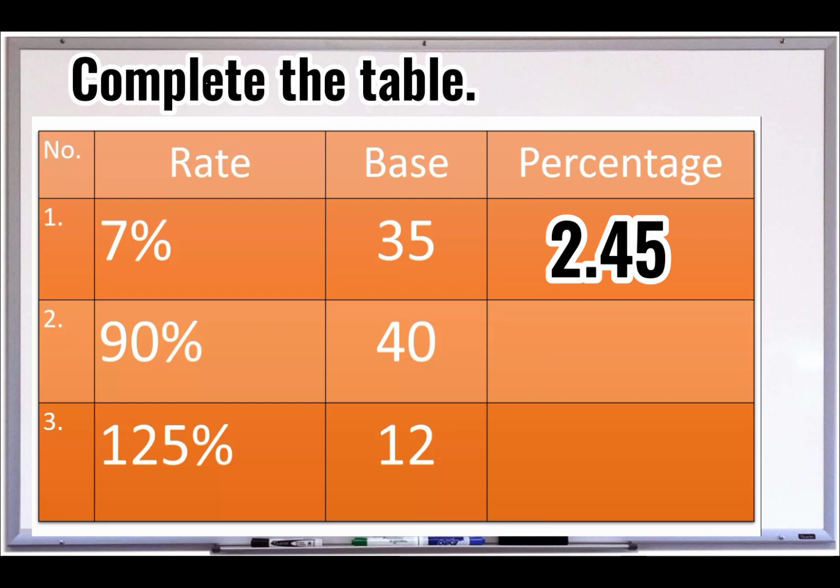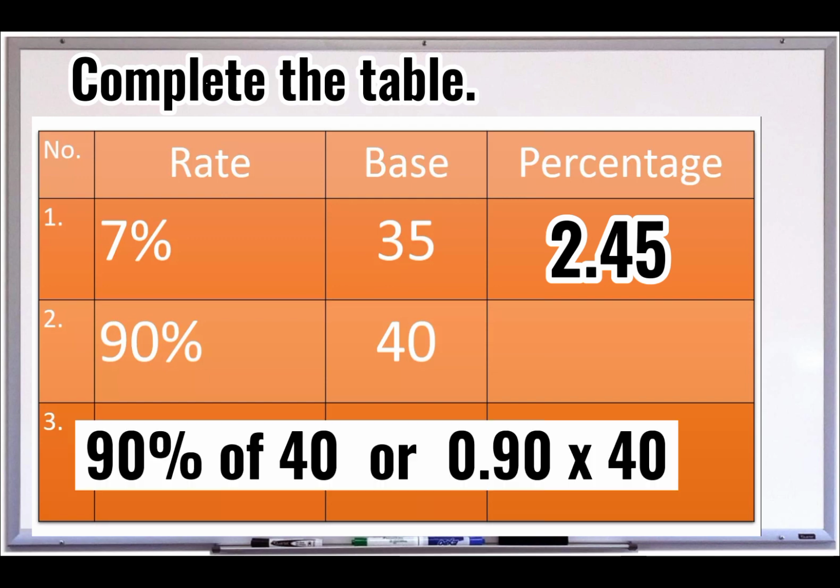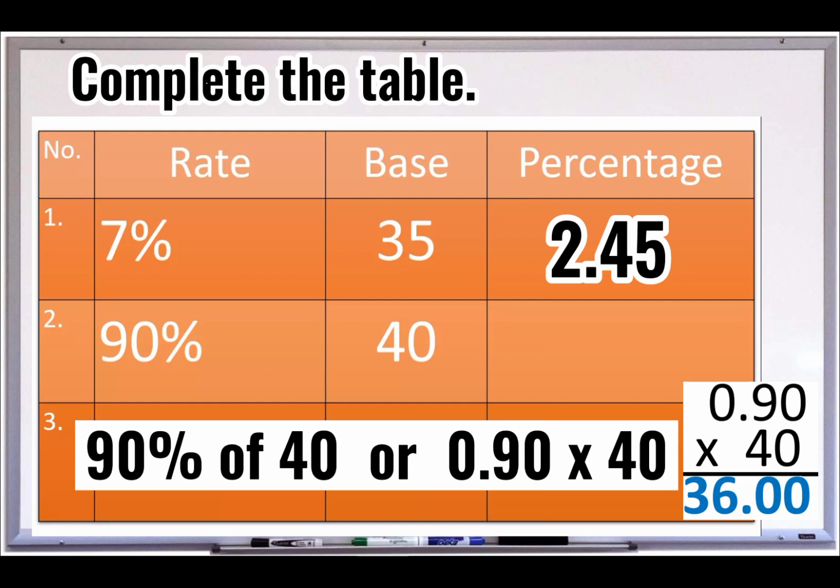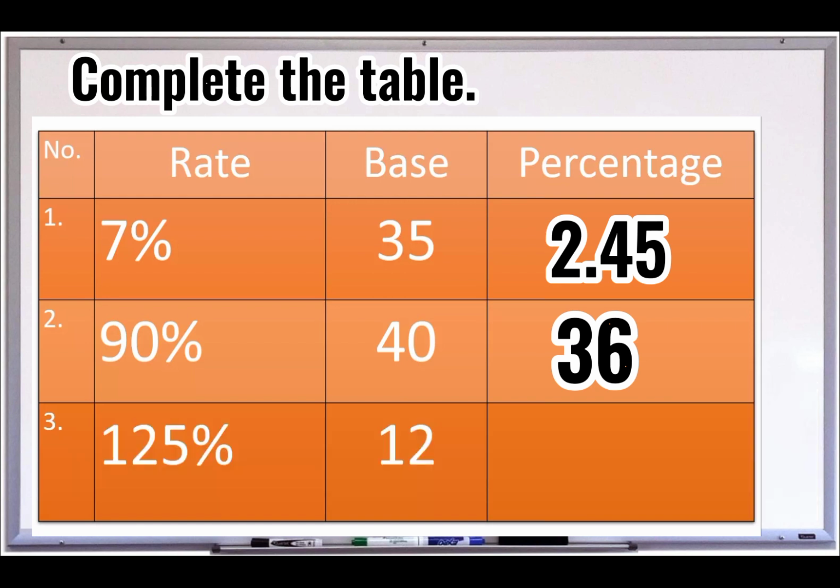So, 90% of 40 or 0.90 times 40. So, when we multiply 0.90 times 40, the answer is 36. Correct. And number 3, 125% is the rate and the base is 12.